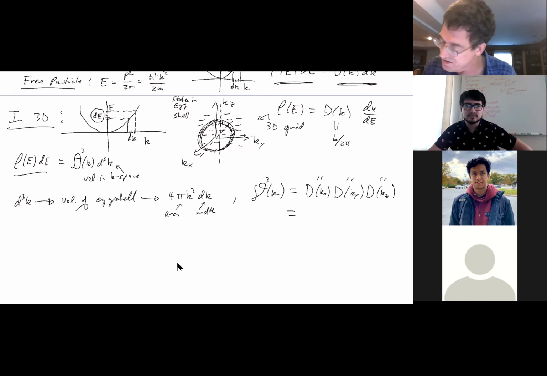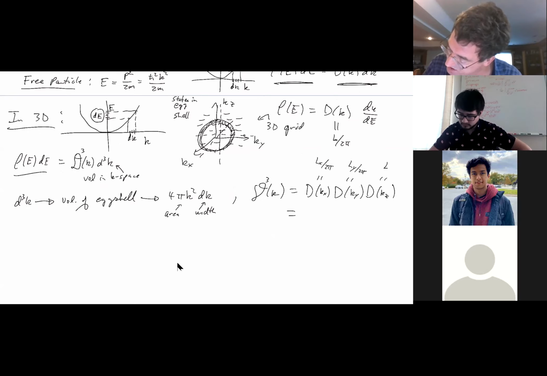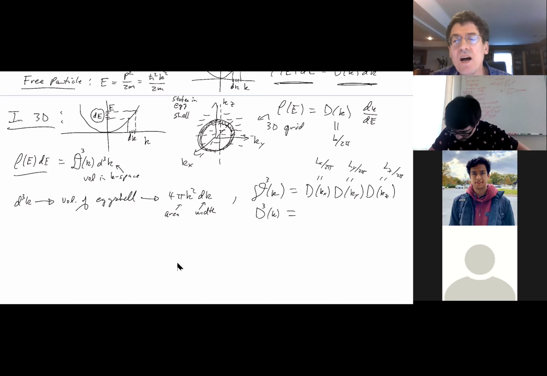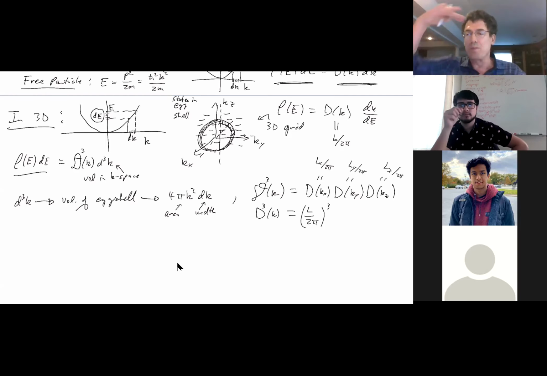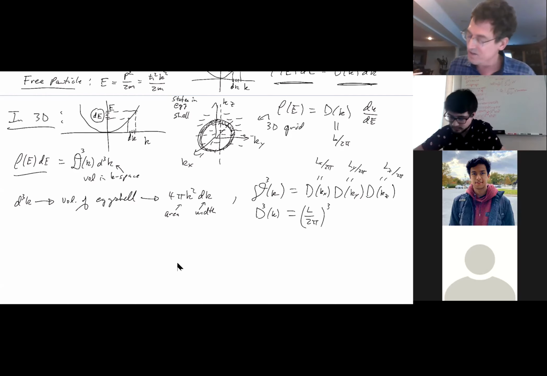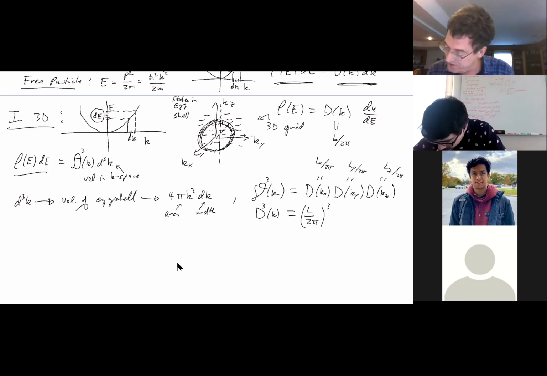L over 2 pi. Exactly, that's going to be Lx over 2 pi, Ly over 2 pi, Lz over 2 pi. So what's the density of states in three dimensions? Somebody tell me. L over 2 pi cubed. Exactly. Because we're just going to assume that the universe is a square box. All right, Lx equals Ly equals Lz. That's a reasonable assumption to make.